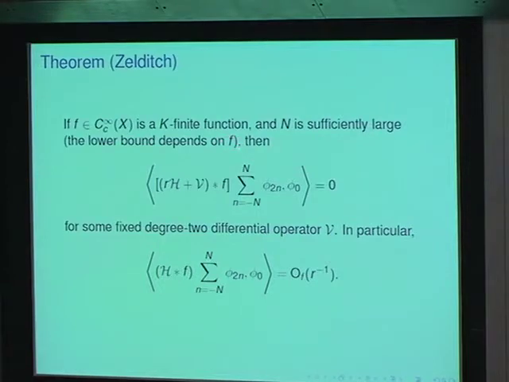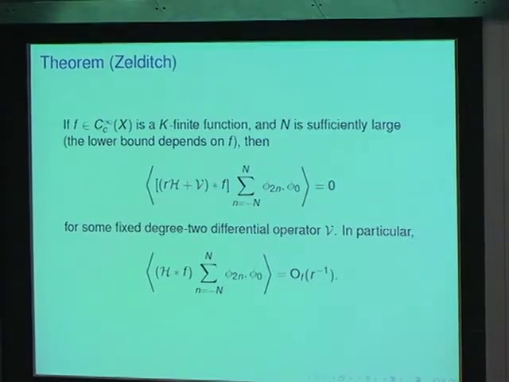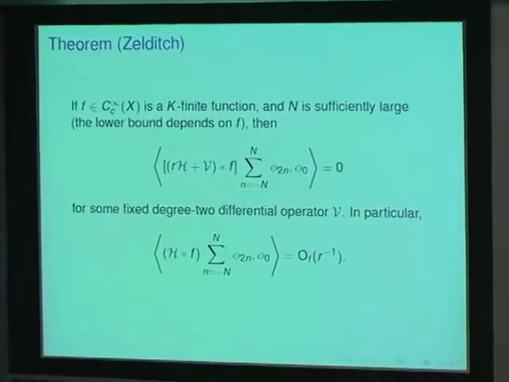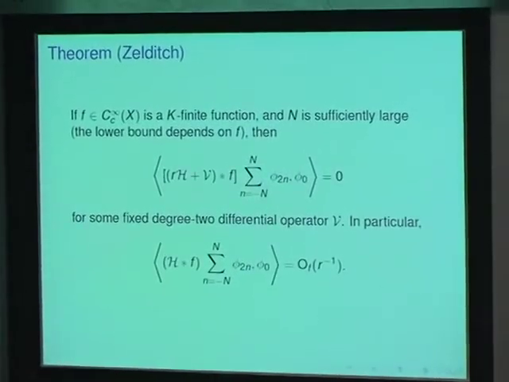That's satisfied. Then the claim is that this vanishes. What is this? H is what we know. H is the differential operator in the direction of the geodesic flow. V is some new fixed degree 2 differential operator, independent of lambda, r, n. It's just some guy that one can work out.